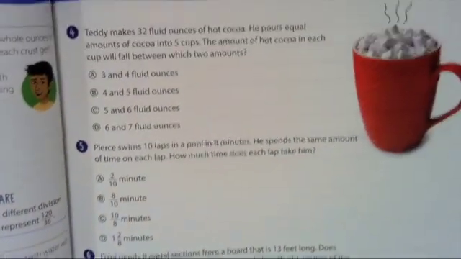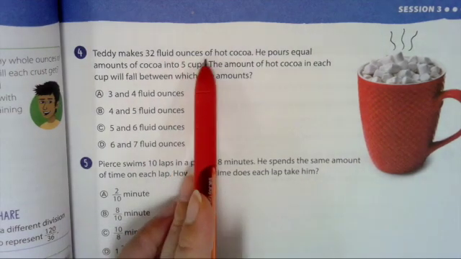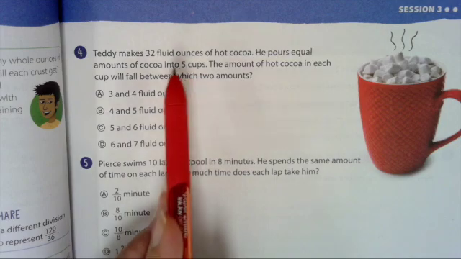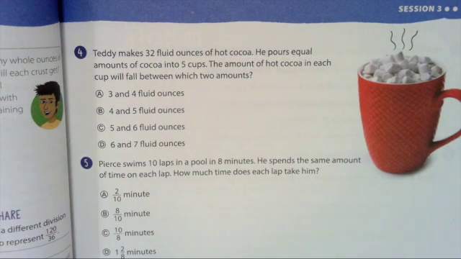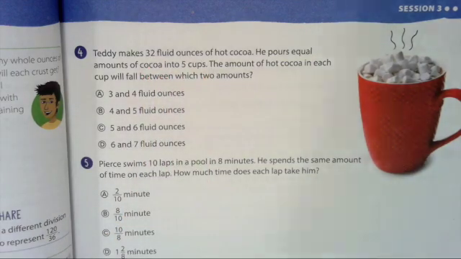On page 387, Teddy makes 32 fluid ounces of hot cocoa. He pours equal amounts of cocoa into 5 cups. The amount of hot cocoa in each cup will fall between which 2 amounts? Are we sharing the cocoa into cups? Or are we splitting the cups into cocoa? Hopefully you know we're splitting the cocoa into cups. So that's 32 divided by 5.